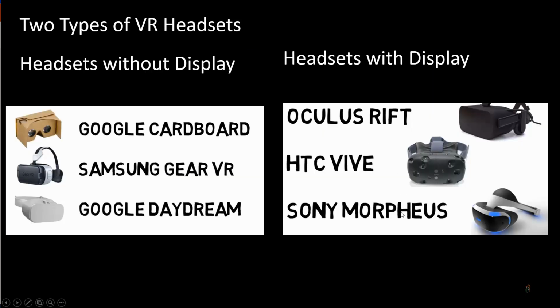So the first thing you need to enjoy VR is a VR headset. We have two types of VR headset. The first type are headsets without a display, like Google Cardboard, Samsung Gear VR or Google Daydream. With these headsets, you can use your mobile phone as the display.